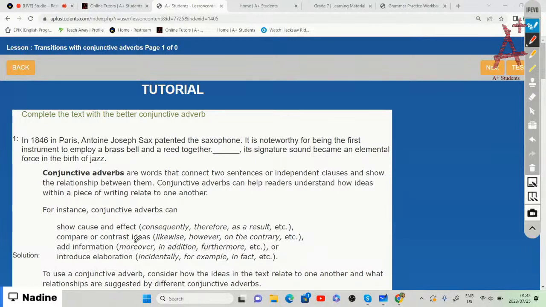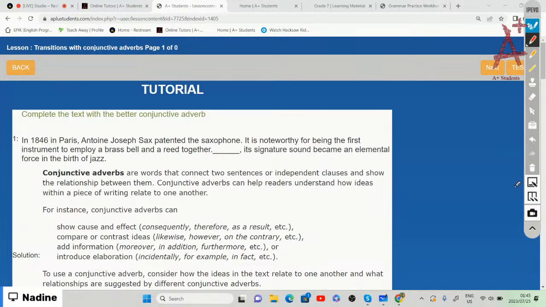Or we can introduce elaboration, where you can then use words like incidentally, for example, in fact, etc. Right? And remember, whenever you use these adverbs, it needs to be followed by the correct ideas, and it also needs to flow properly. All right.